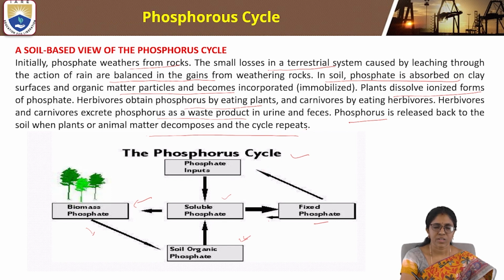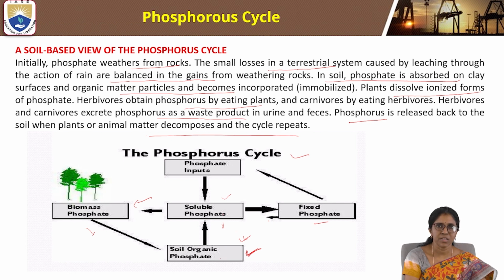In this phosphorus cycle, the phosphorus is first absorbed by the clay surfaces or organic matter present in the soil, like soil organic phosphate. So this is immobilized. Then the plants take up the ionized form, that is soluble phosphate.